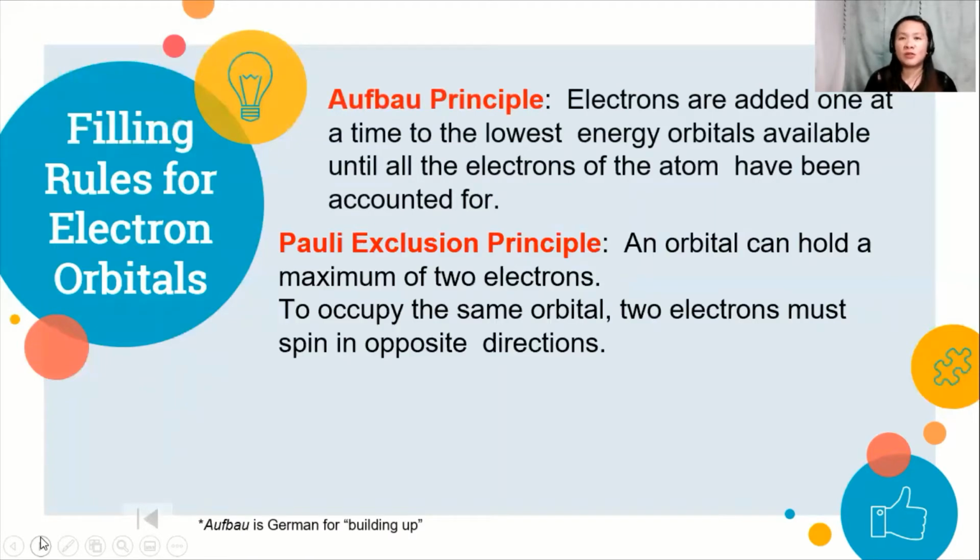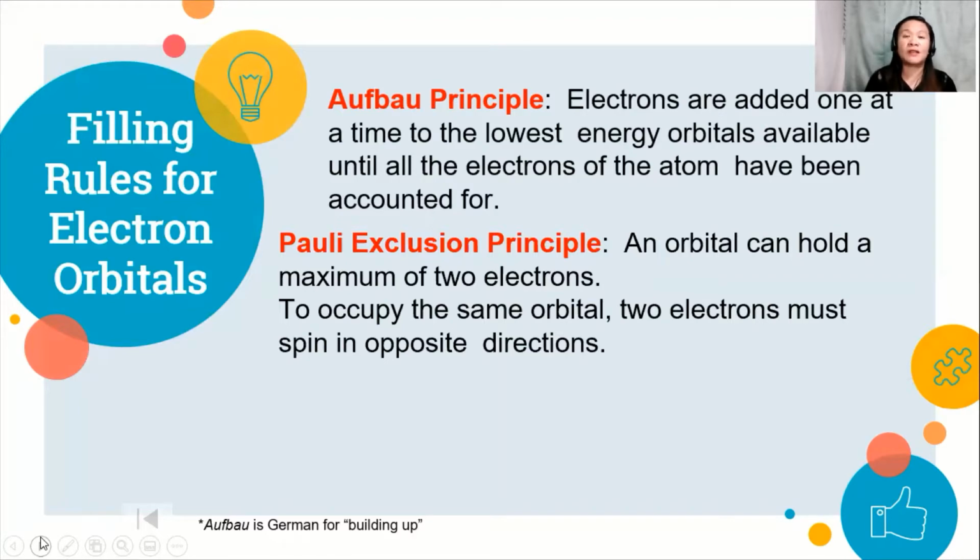For the Pauli exclusion principle, an orbital can hold a maximum of 2 electrons. These electrons occupy the same orbital and at the same time should have spins in opposite directions. One of them will move clockwise, the other counterclockwise, so we give the value 1/2 for one, and negative 1/2 for the other.